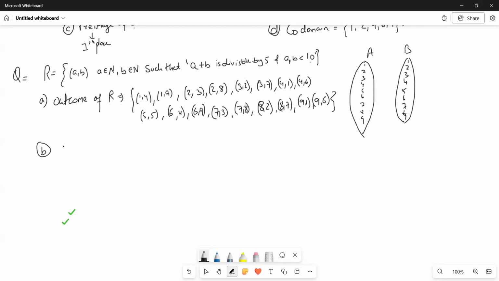Now, in this case then, what is the domain of R? 1 2 3 4 सब कुछ आ जाएगा up till 9, क्योंकि सारे एलिमेंट्स हैं फर्स्ट प्लेस पे. What will be the range of R? ये भी पूरा हो जाएगा 1 2 3 4 up till 9.